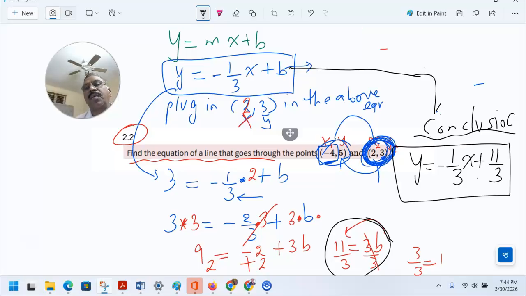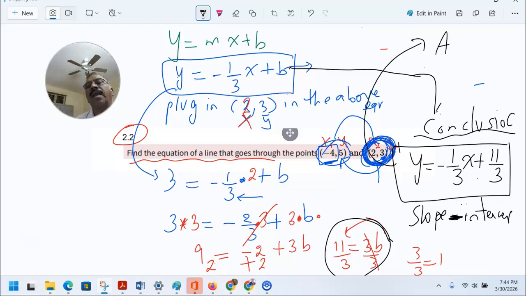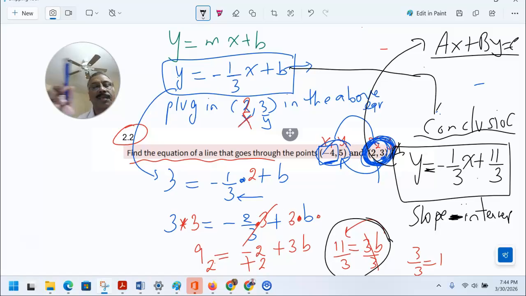This is called slope-intercept form. There are also other ways to write it, like ax plus by equals c, the standard form, but right now we are not interested. We just want to find a linear equation in slope-intercept form.